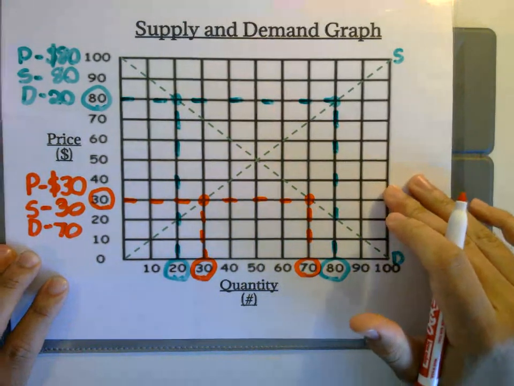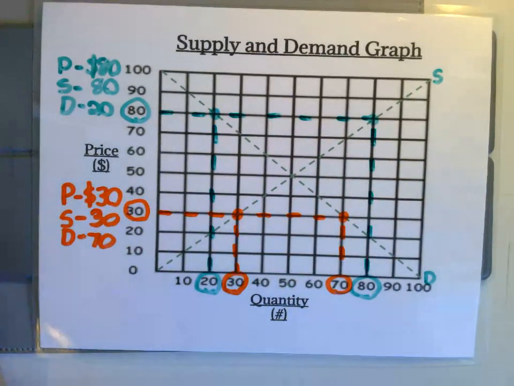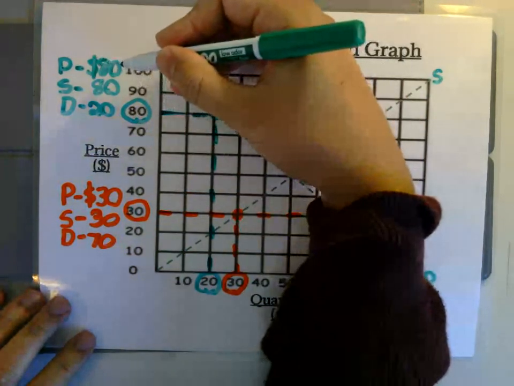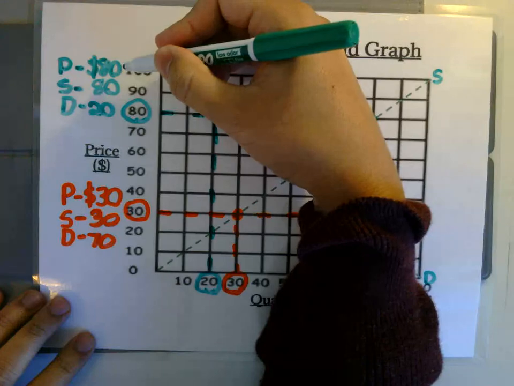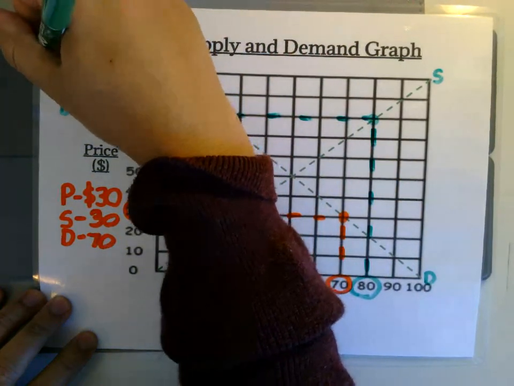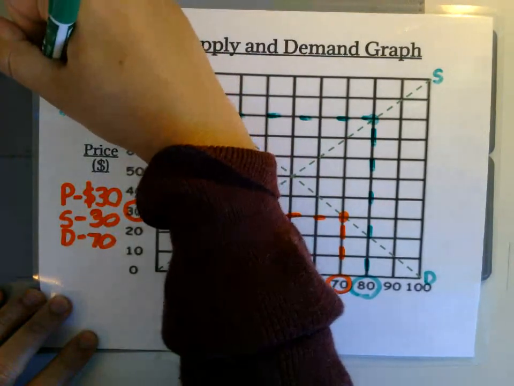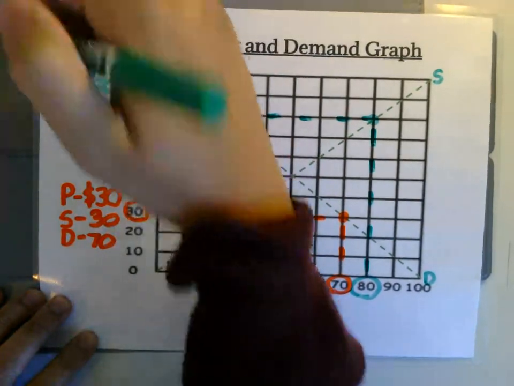So let's look at both of those equations next to each other. Let's try to understand what happens when price goes up or when price goes down. Because we charged $80 for our first unit of shoes, we noticed that when we increased the price, we also increased the amount we produced or supplied.